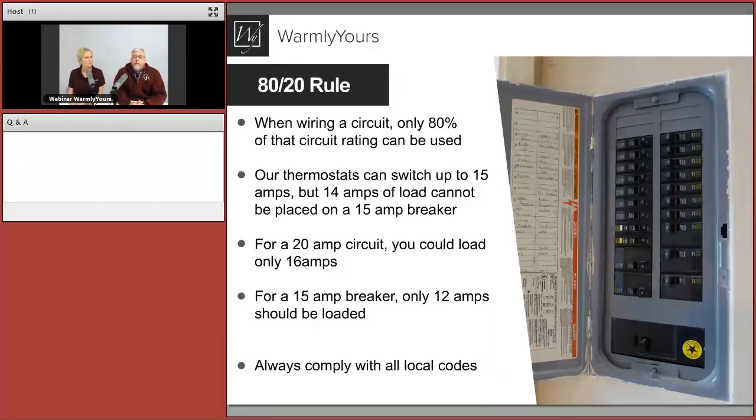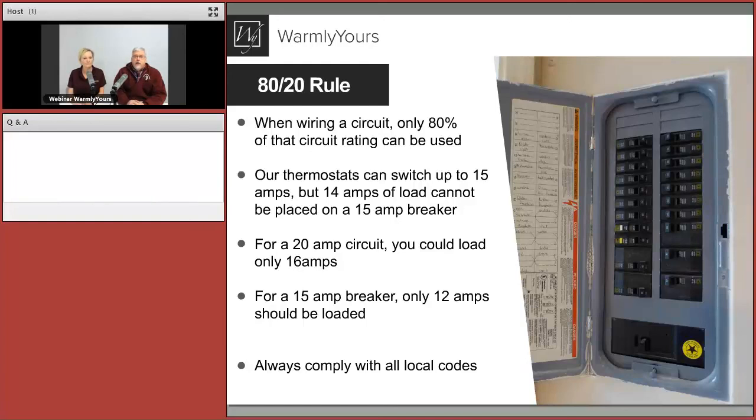All right, and here's what we were talking about earlier. Well, this is the 80-20 rule, and this means that if you have a 20 amp circuit breaker, you can only use 16 amps of it. You can't use all 20. Right. The most important reason why we kept this slide is because our thermostats will handle 15 amps.